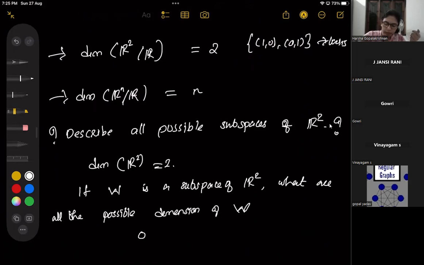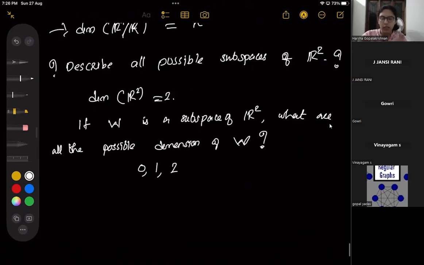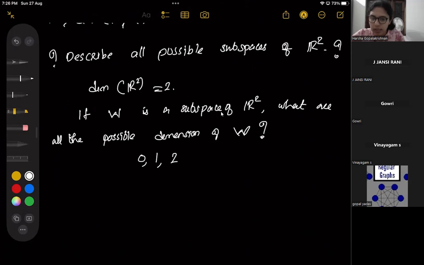Then 1 is a dimension. And R2 itself is a subspace of R2, so 2 is also possible. Obviously the dimension of W is at most the dimension of R2, and the dimension is always greater than or equal to 0. So the possible dimensions are 0, 1 and 2.